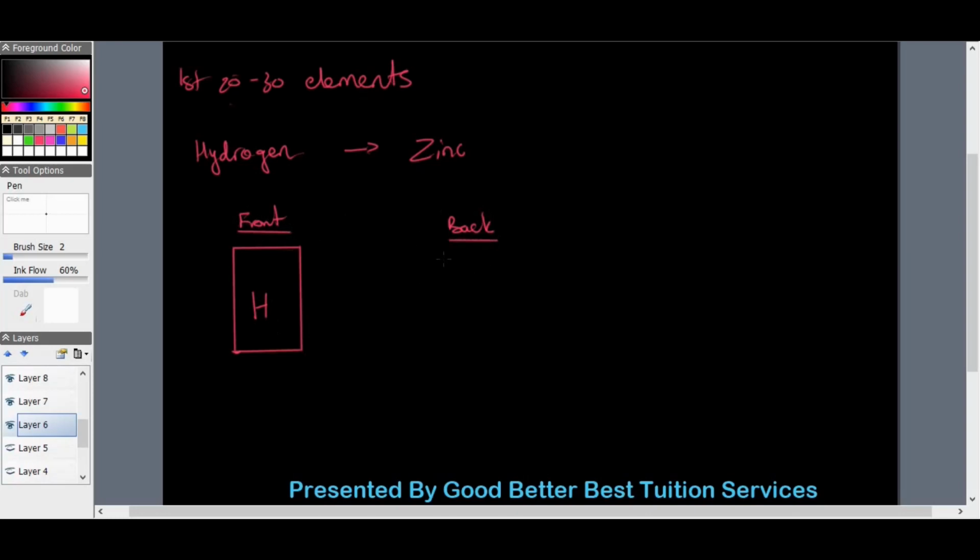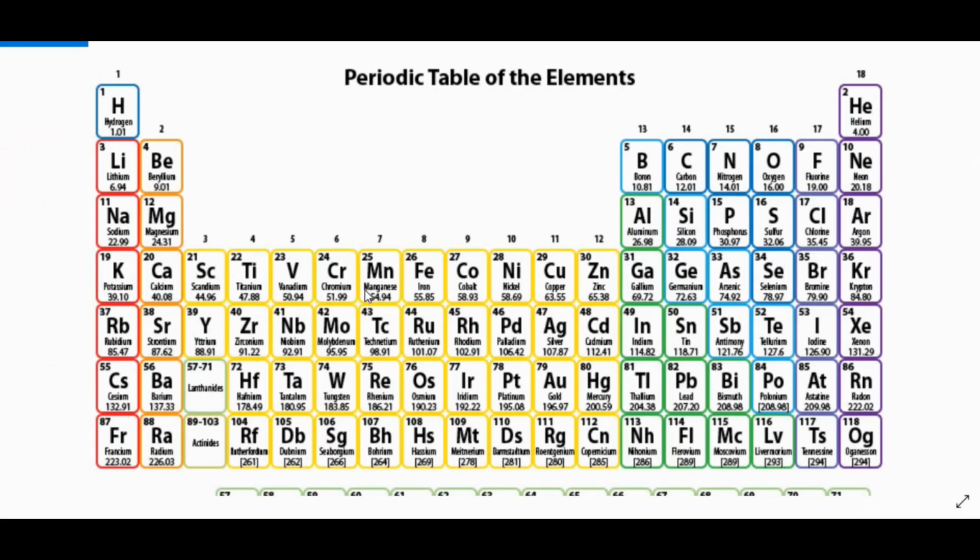You won't see the back, but the back of the card, of course, can be the answer to the symbol which we see on the front, which will obviously be hydrogen. And that's how you play with memorizing, because usually the periodic table that you'd get for a test or an exam will not have these names underneath the elements.